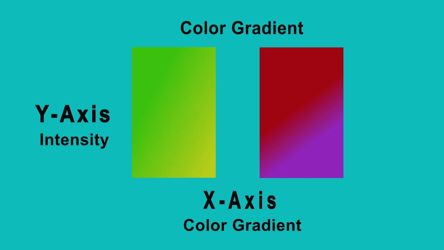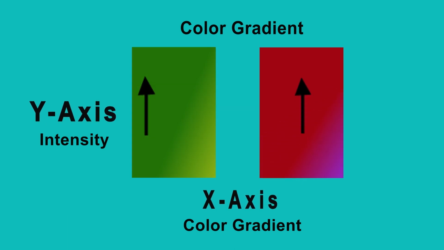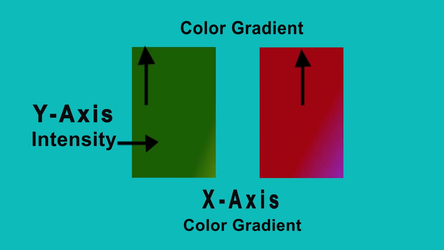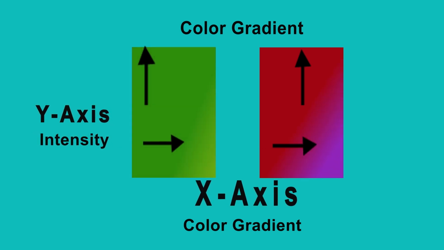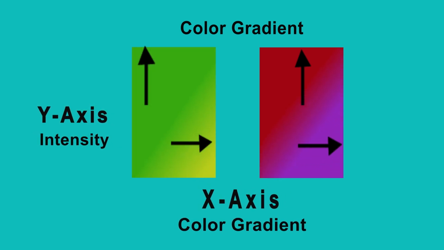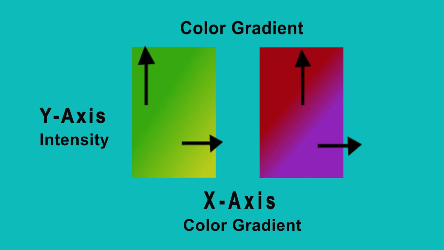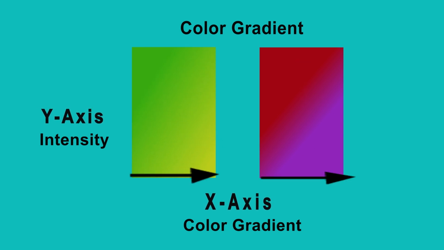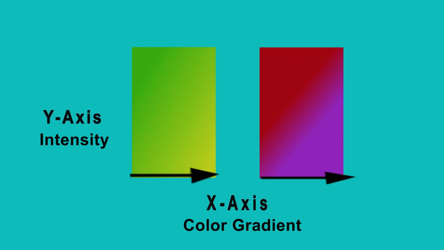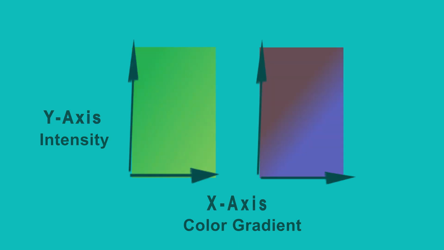In this example, the y-axis denotes intensity and the x-axis denotes wavelength. So, the horizontal axis shows color gradient, the steepness of color variation, and the vertical axis shows intensity gradient, the steepness of color intensity change.